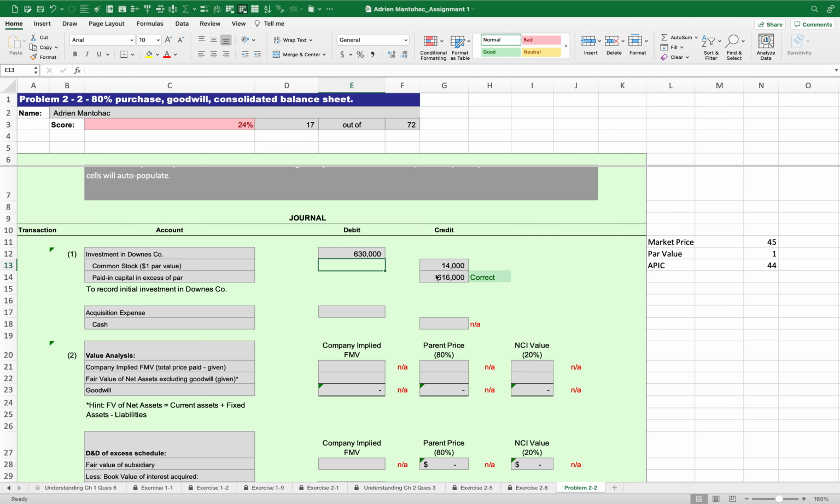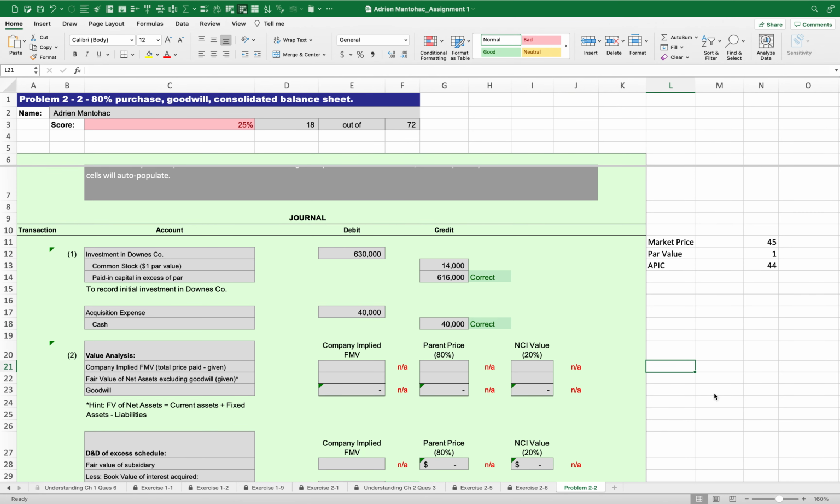They also tell us that there was some sort of related acquisition cost, and the cost given in the previous problem 2-1 was 40,000 bucks. So I'm just going to go ahead and record that as cash being paid out, 40,000, right? So both of those had to be filled out for it to have given you a correct mark.